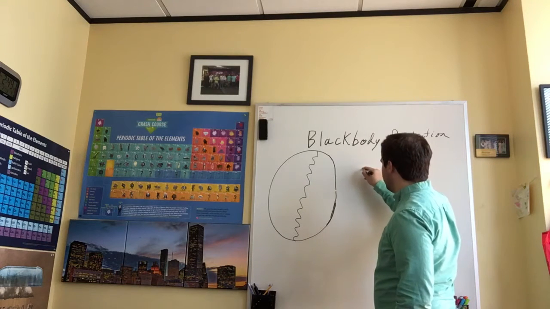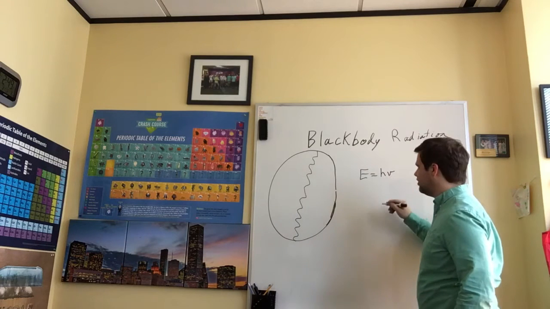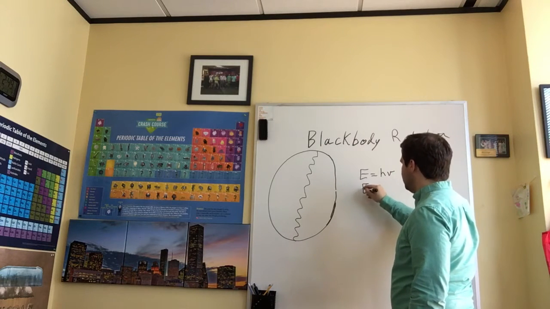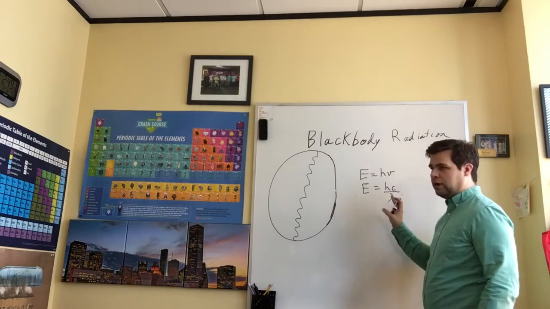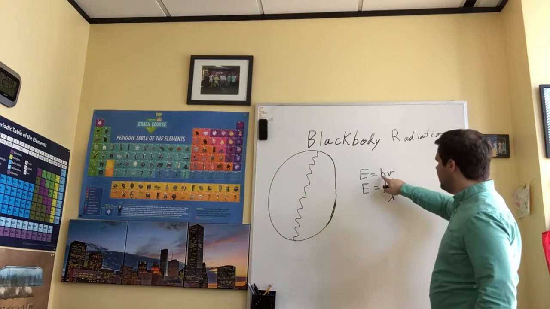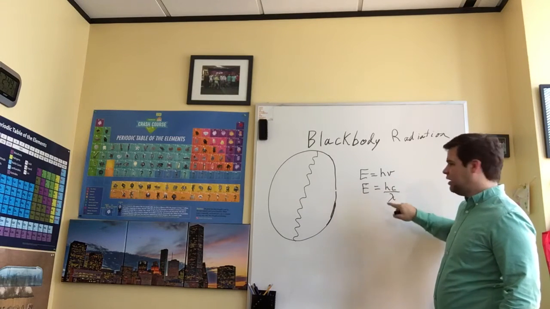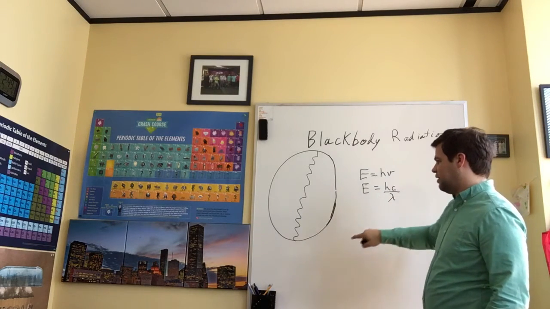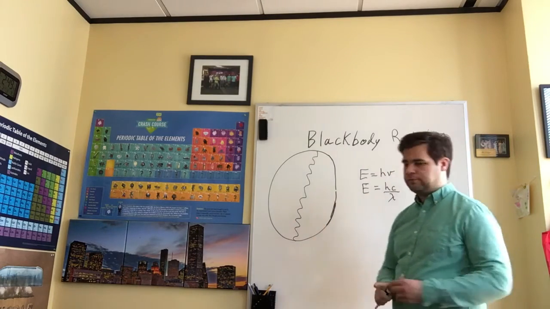One way of putting this would be E is equal to h nu, where nu is the frequency, so E is equal to hc over lambda. We'll get to what these mean later, but h and c are constants, nu is the frequency, lambda is the wavelength. So smaller wavelength, bigger energy.